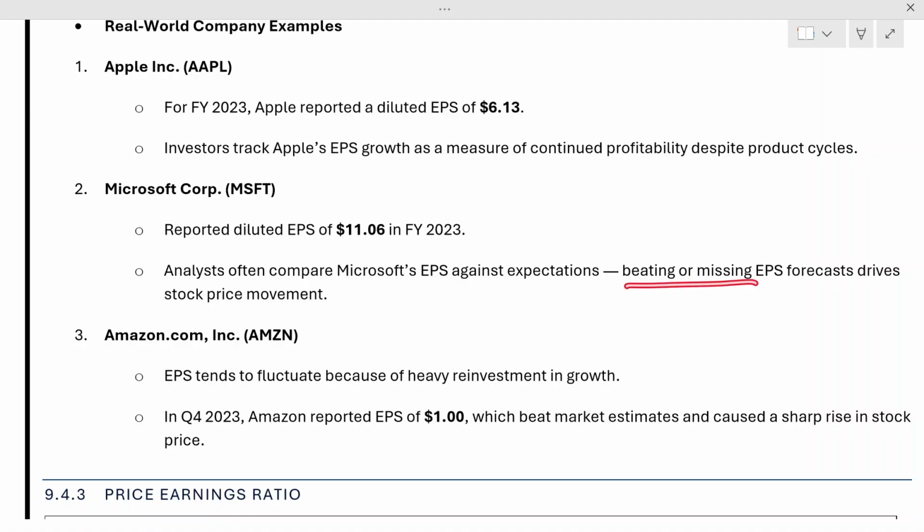So beating or missing EPS forecasts drives the stock price movement, because if expectations are not met and reality is bad, the share price may reduce, and if the company performs better than expectations, then the price may go upwards.